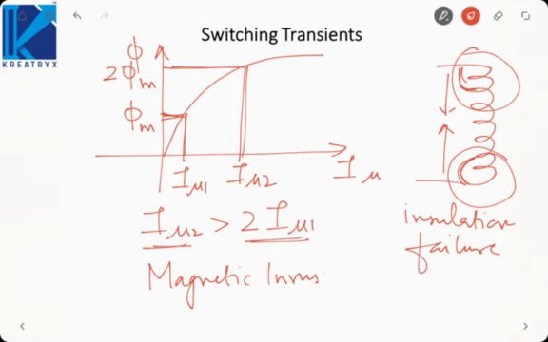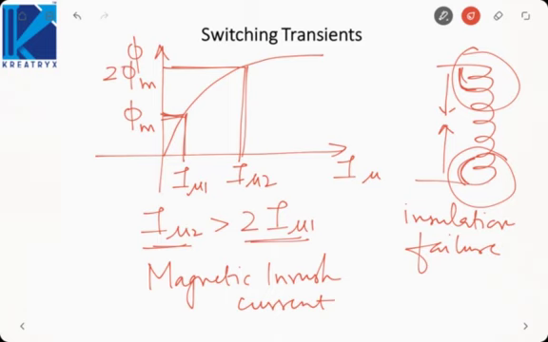So inrush current is nothing but the high current demanded by the core of the transformer due to the doubling effect. What is the doubling effect? The flux generated in the core is double the maximum value because the transformer is being switched on when the voltage passes through the zero value, due to which the transformer requires a flux of minus phi m instantly, which cannot be generated. Hence, it reaches twice the maximum value of flux that we studied in the previous slide.